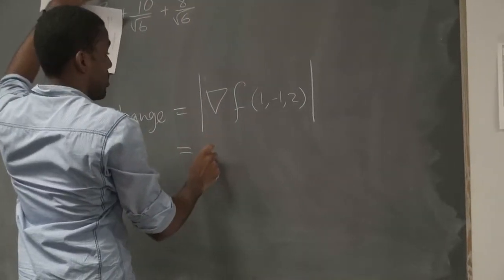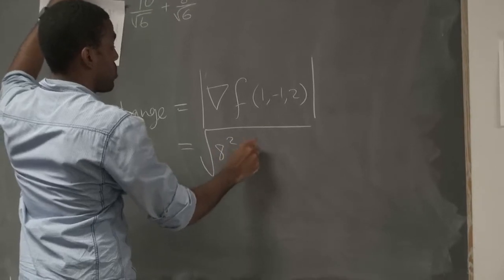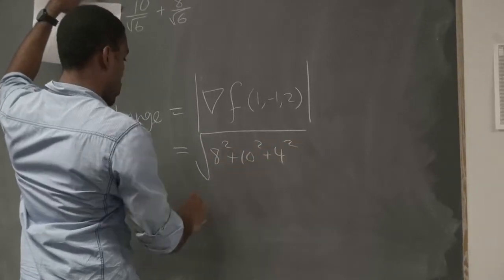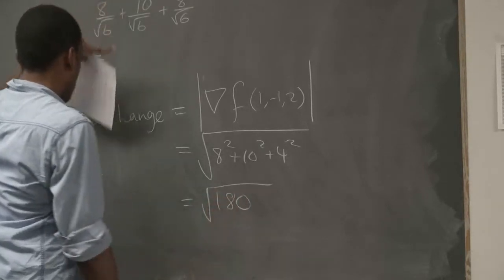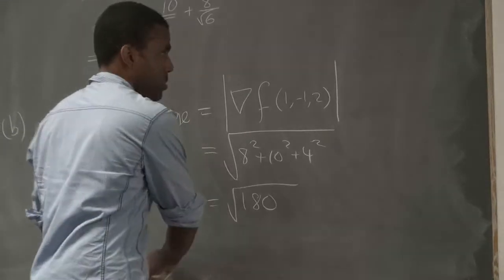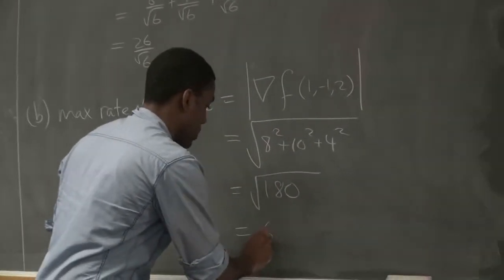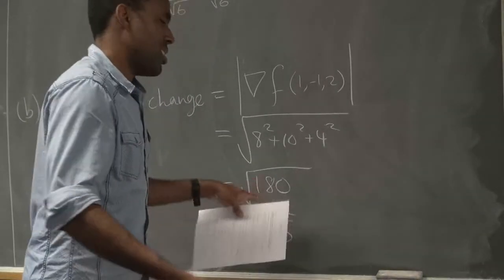So that's the magnitude of 8 squared plus 10 squared plus 4 squared. Okay, I mean, you can simplify that if you want, but if you put that, it's 6 root 5. You don't have to simplify it, I would have given it.